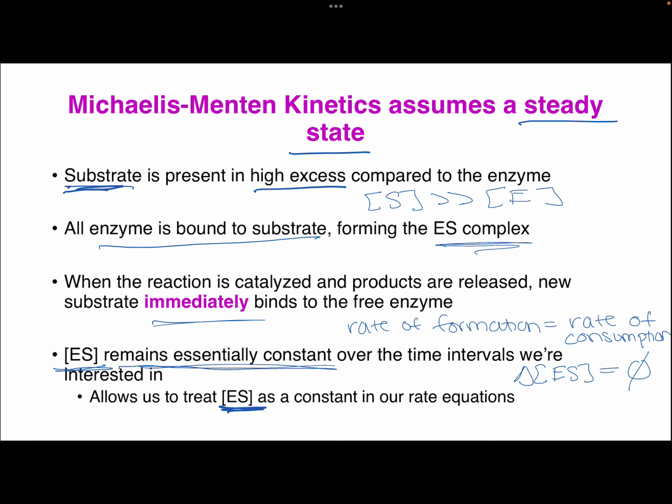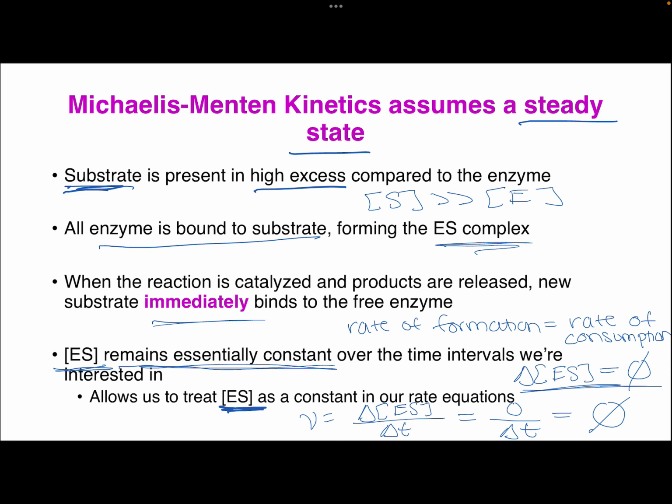All right? Why is that useful? Our velocity is equal to our change in concentration over time. So then if this is 0, it makes the whole rate equal to 0. All right, that's going to be very important. We're going to use that very, very quickly.